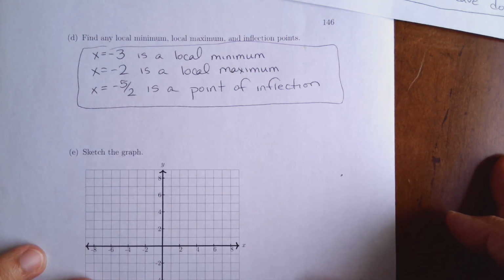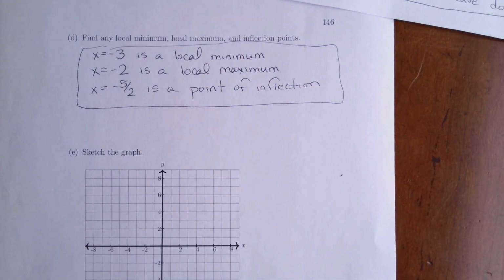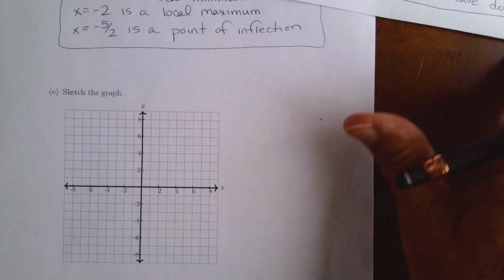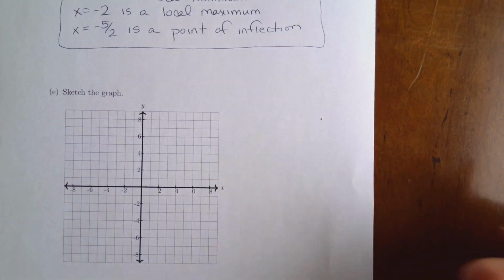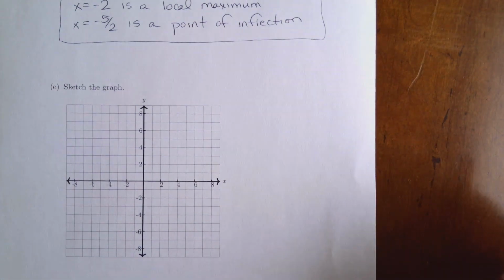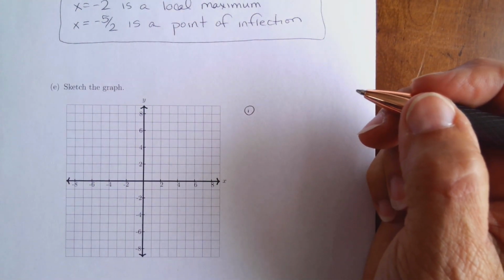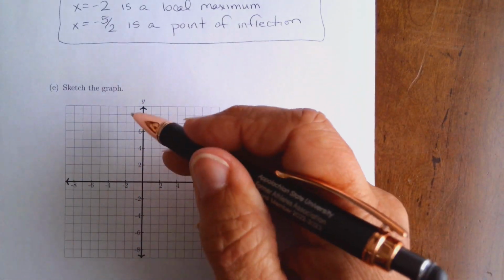Okay, so now we're getting ready to sketch the graph. So let's remember what we need to do. And I want to add one little thing in here because I think it's helpful to kind of see this, all right? So I always, before I start, I will dot in my boundaries.